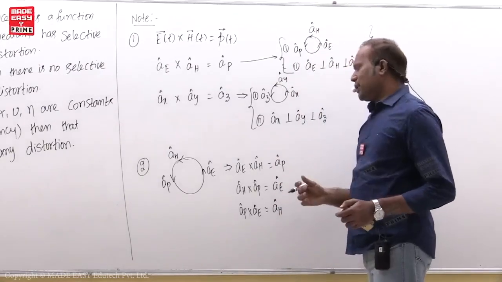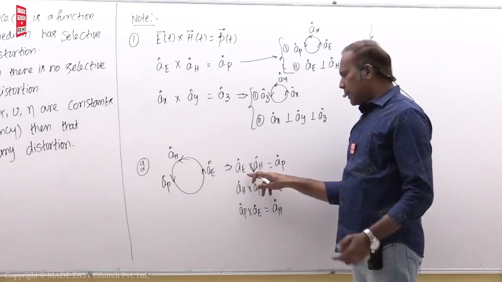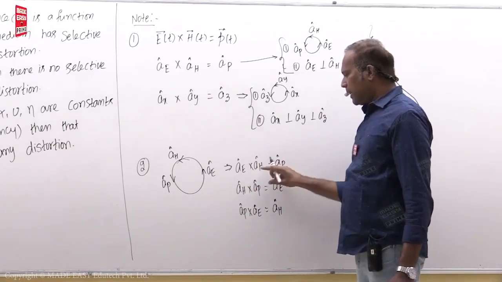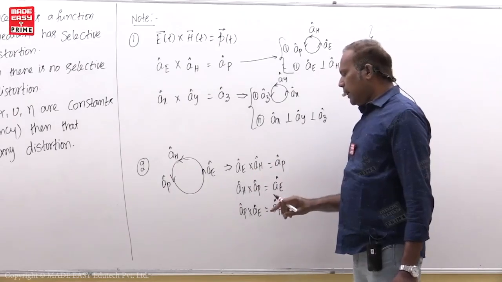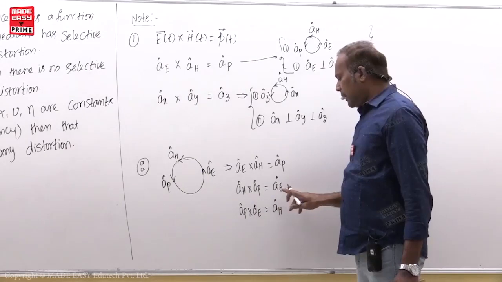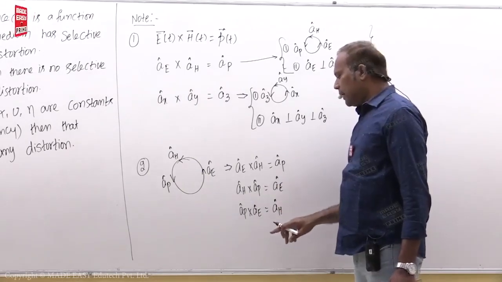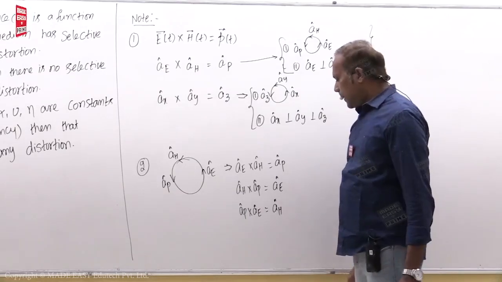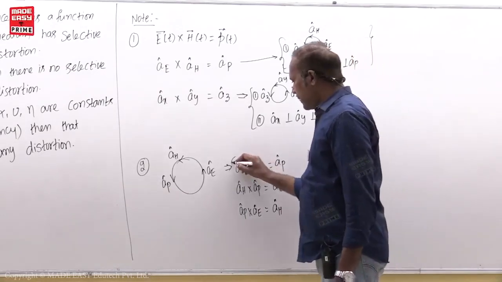So, in any question, if you know the electric field direction and magnetic field direction, you can find the power flow direction by taking this equation. If you know the magnetic field direction and power direction, you can find the electric field direction from this equation. If the power flow direction and electric field direction are known, then you can find the magnetic field direction. Okay.